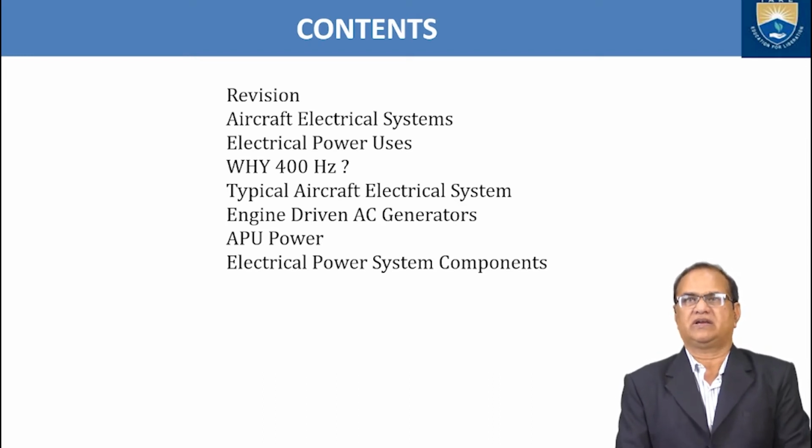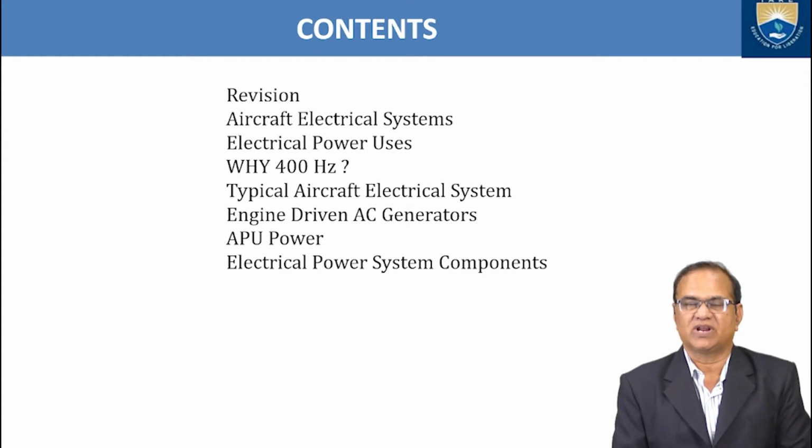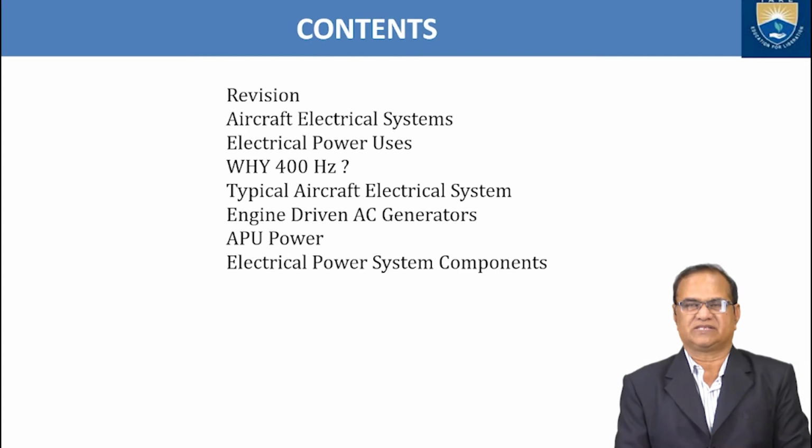Without electric, aircraft is not possible to fly. How this electrical system is given for different components, how these things are working, these all things I have discussed in my previous classes.